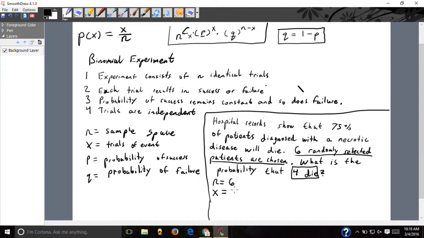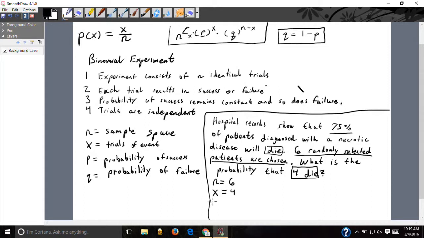I want to know successfully how many, 4, will die. Now I know that sounds a little weird. We don't want anyone to die, but that is in statistical notation what we're looking for as our success. Because right here, 75% of patients diagnosed with a necrotic disease will die. So if I'm looking for someone who will die, this fits that condition. So that is our trials of success.